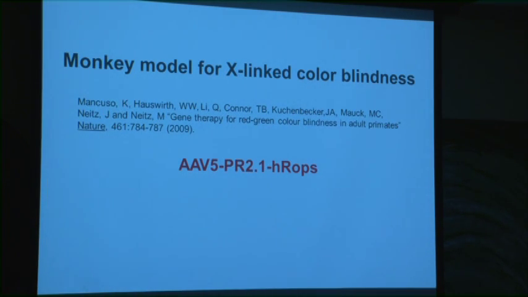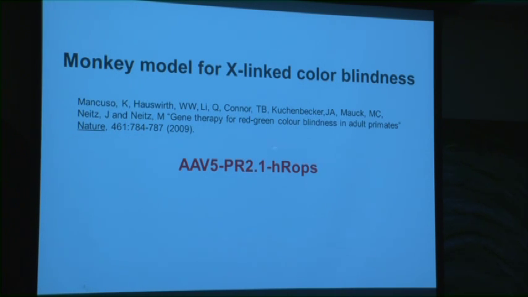Let's look now at a primate form of foveal deficiency, X-linked color blindness. In this case, it's red color blindness, so it's protanopia, not a blinding disease, a condition, but it mimics. It allows us to test the idea that we can deliver a cone gene to a primate fovea. Again, AAV5, PR2.1.